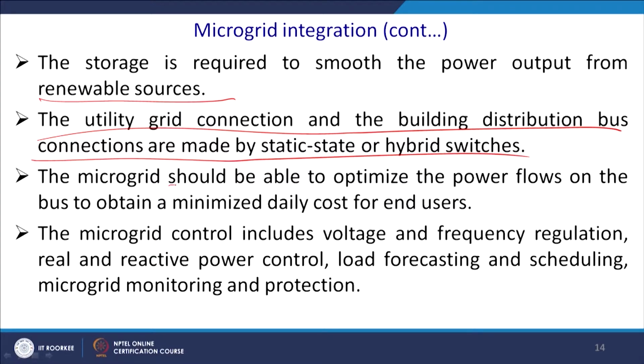The microgrid should be able to optimize the power flow on the bus to obtain a minimized daily cost for the end users. That is something we want to ensure. The microgrid control includes voltage and frequency regulation, real and reactive power control, and load forecasting.